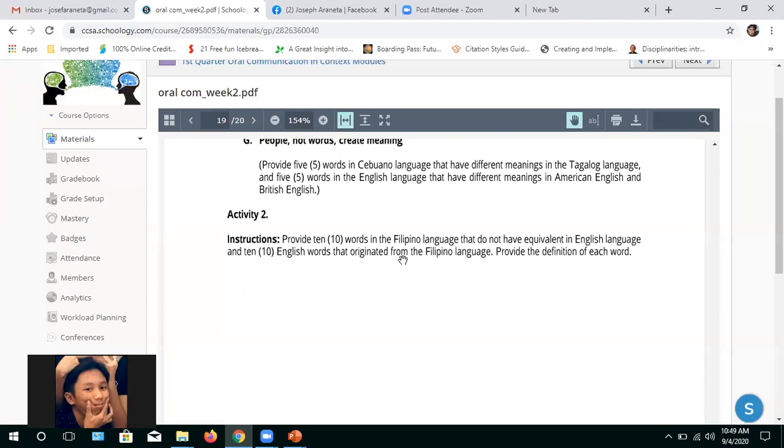Okay, there are various words actually originated from Filipino language that are being used in English language na. Like for example, the word adobo. Adobo is now an official English word. Bundok. Bundok is now an official English word pero different yung spelling niya. So ganon. Activity 2.